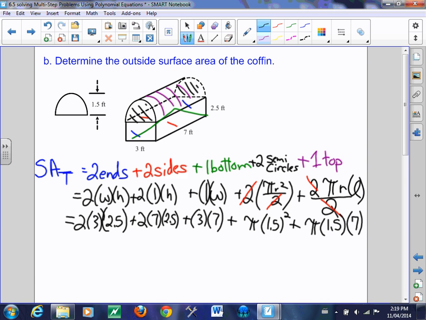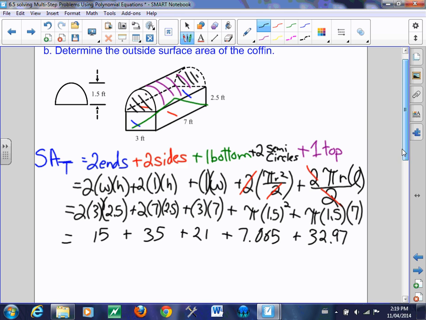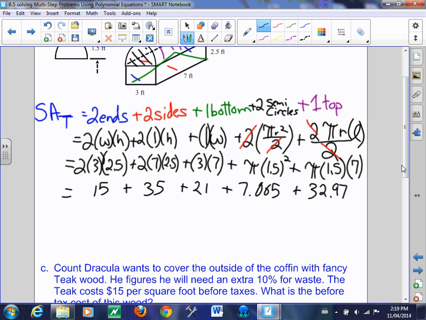Okay, plug in your calculator, guys. Do each individually. So 15 plus 35 plus 21 plus 7.065. Okay, plus 32.97. Plug it all together. We're going to get 111.035. That is so significant that we're going to say approximately equal to 111.